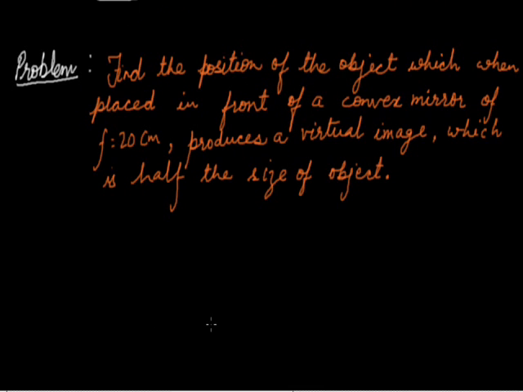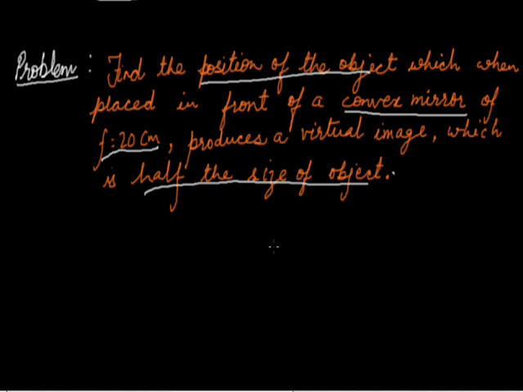So we should take a problem, and the problem says that we have to find the position of the object which is placed in front of a convex mirror, and its focal length is given to be 20 centimeter, and it is given that the image produced is virtual in nature and is half the size of the object.